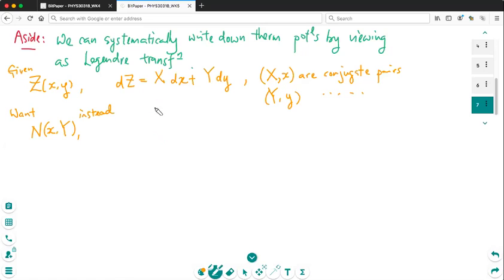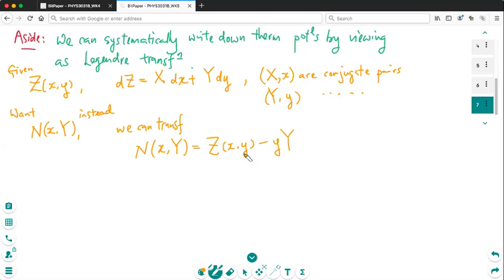Here's the trick. The transformation, we can do by this. I'm going to write N of x and Y. This is related to Z of x and y minus y times big Y. This is what you have done, and it is actually very precise. This is the Legendre transformation.